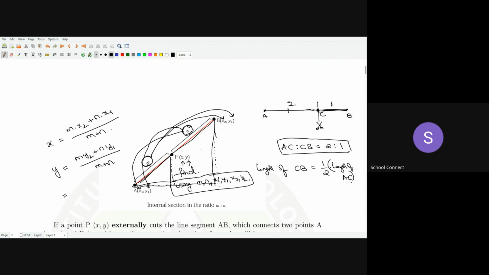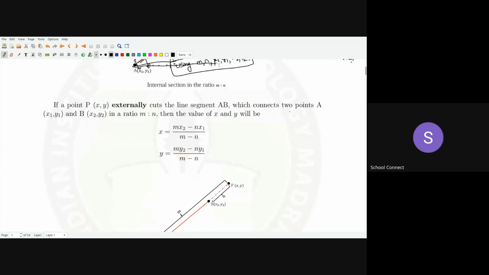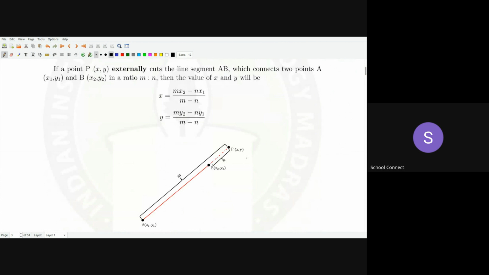So you see this internal means this P will be in between A and B. Okay. So the cutting happens in between A and B. So if that is happening, then the x and y coordinates will be like this. Whereas if P cuts externally, what does that mean? Now you have AB.